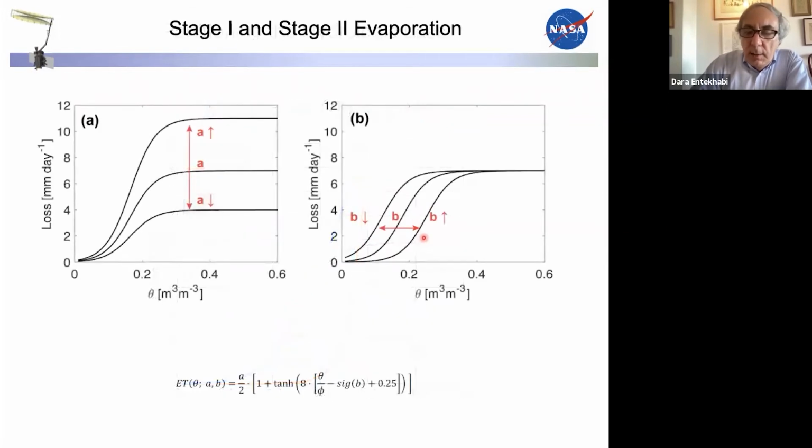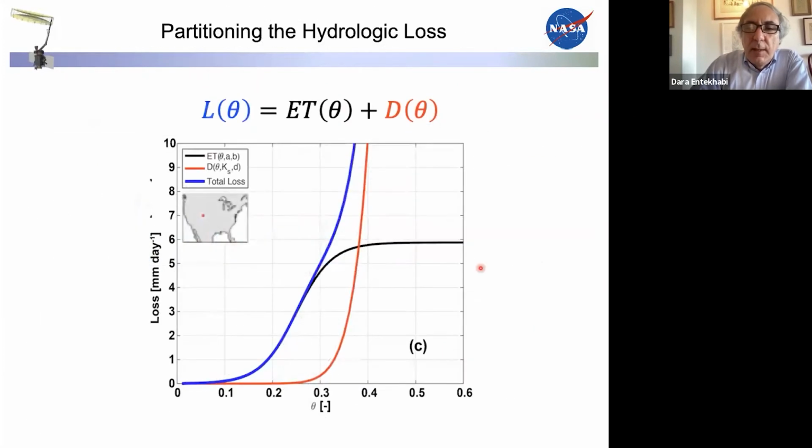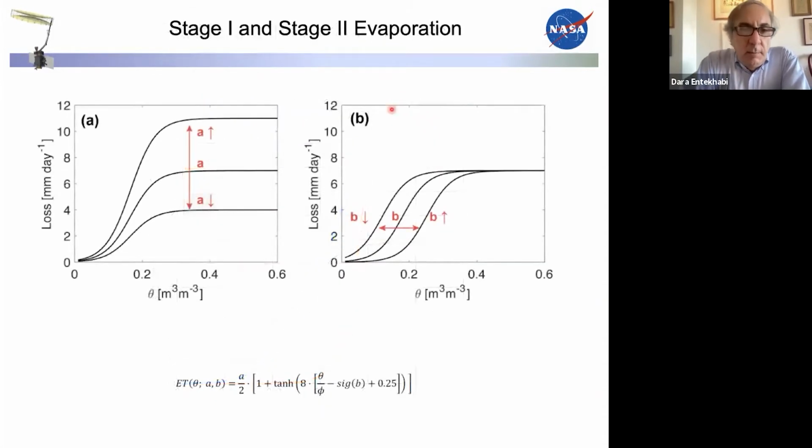So this figure is really the sum of the red and the black. So how can we partition the total loss between these two? So let's just do a very simple but very flexible conceptualization of these. So this is the evaporation. The evaporation loss as a function of soil moisture is a two regime, energy limited, water limited.